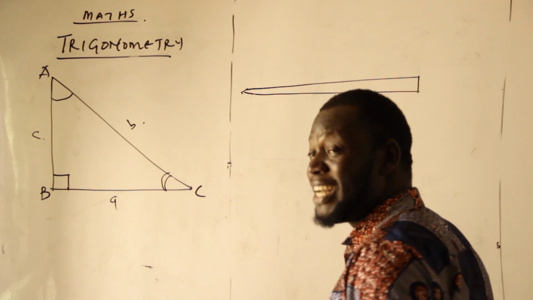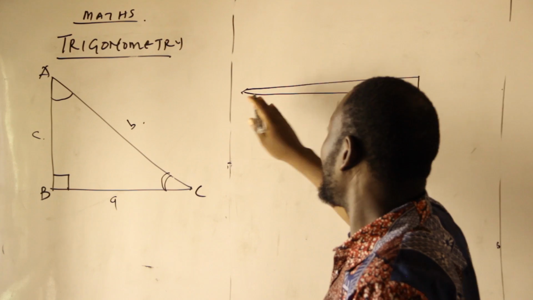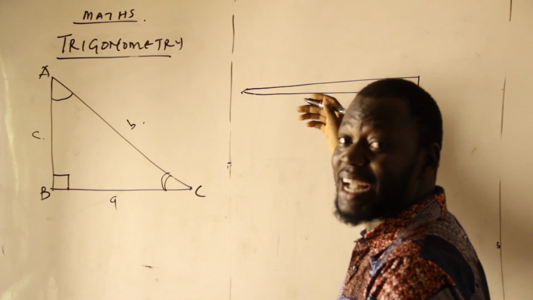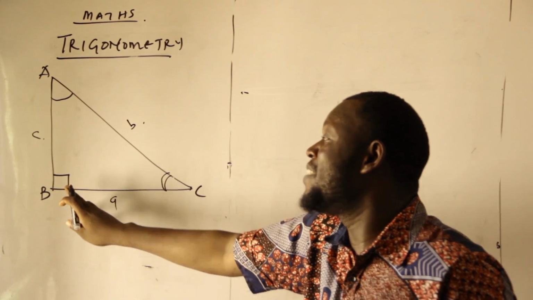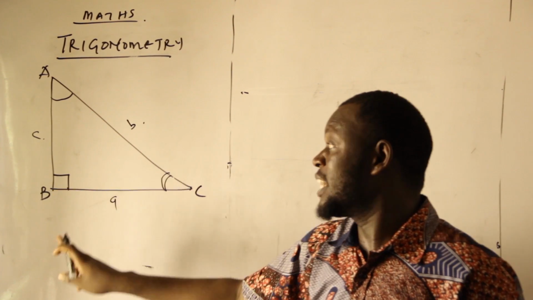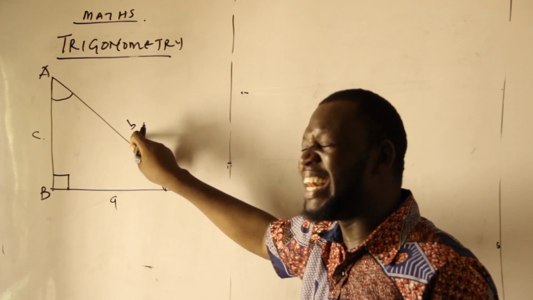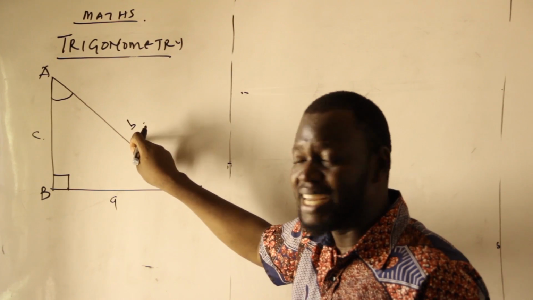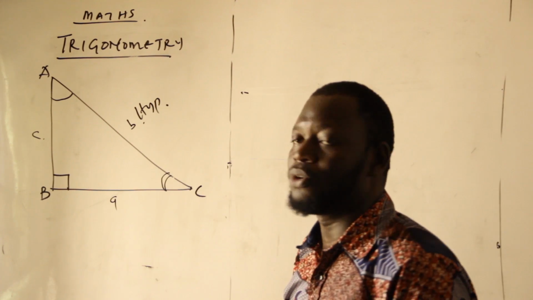Then we needed to identify our hypotenuse. Instead of saying it is the longest line that we cannot even figure out, we rather say it is the line that faces the right angle. So get your right angle and understand that your hypotenuse is the side that faces the right angle. That means this one is your hypotenuse.